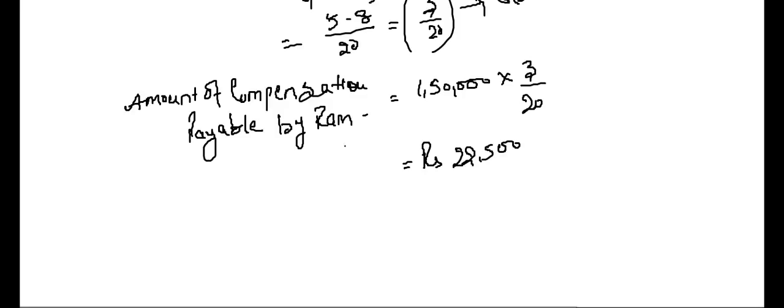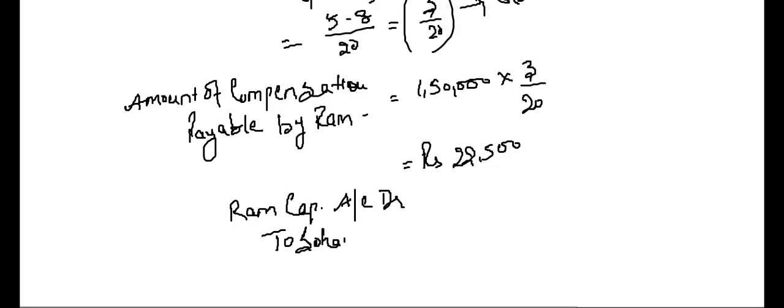This is the amount of compensation payable by Ram to the sacrificing partner, Sohan. What will be the journal entry? Journal entry will be Ram capital account debit to Sohan capital account with 22,500.